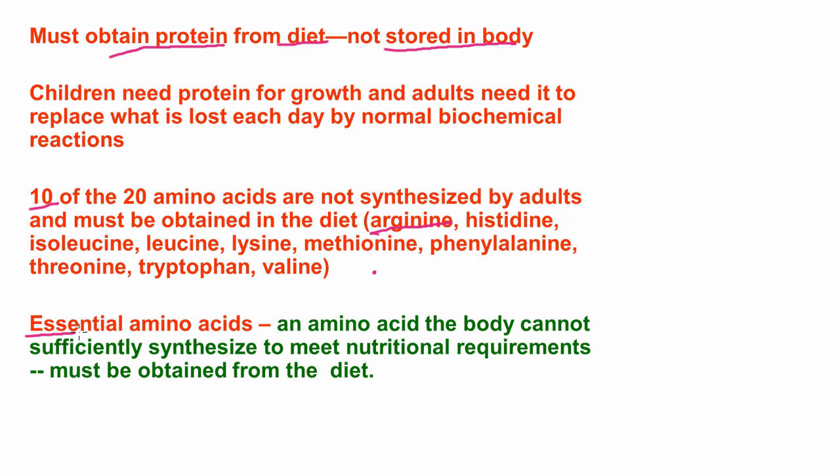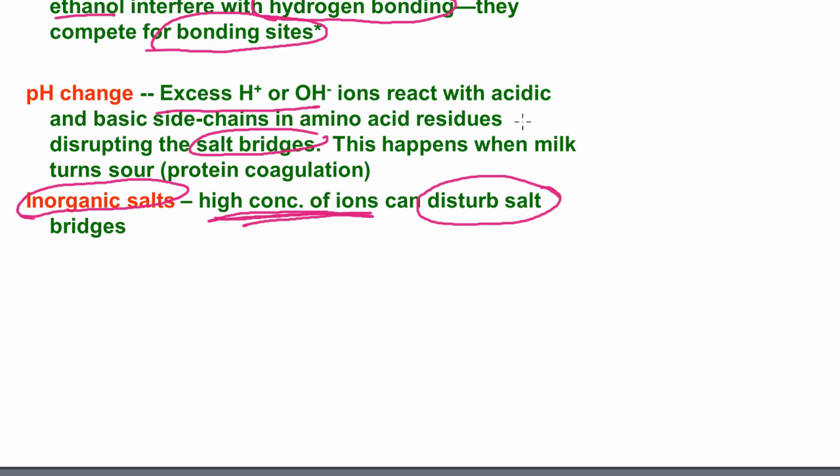These amino acids that the body cannot synthesize are called essential amino acids. And again, essential amino acids must be obtained from the diet because the body cannot synthesize these amino acids to meet the nutritional requirements. Anyway, that's it for proteins and amino acids.